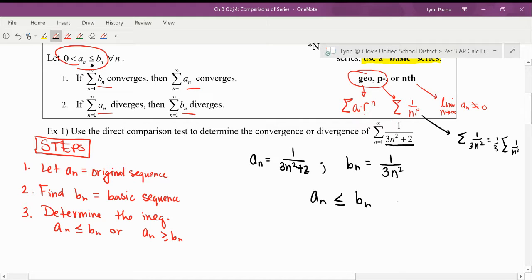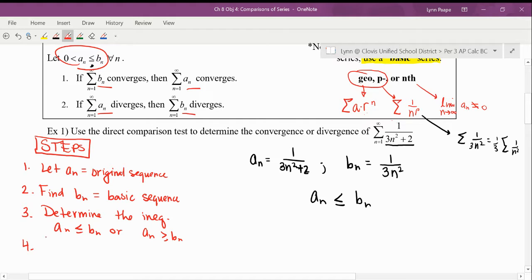Because I have a larger denominator, so a smaller fraction, An will generate smaller terms on that same domain, okay? Then I use reason to determine whether that will follow the direct comparison test.